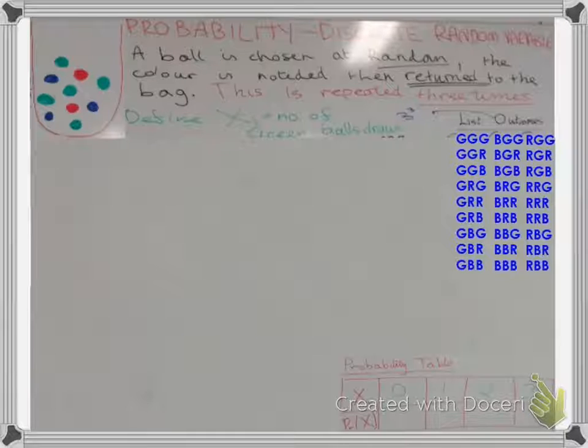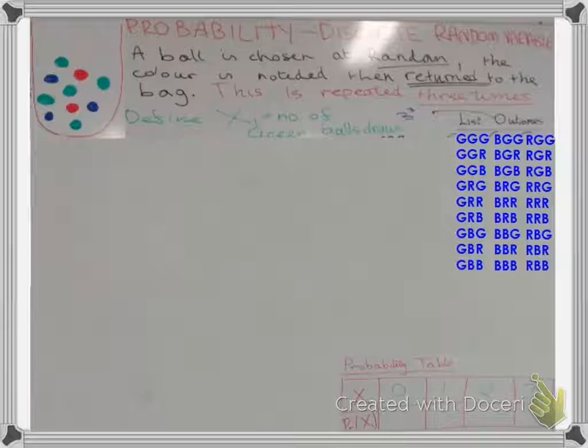And when we're defining our random variable here, we realize that these are all our outcomes, 27 outcomes that we have, and the number of green balls drawn, such as this outcome here, green and then a green and then a green, the number of green balls drawn is 3, then we've got 3 multiples of the probability of drawing a green, which is 0.5.